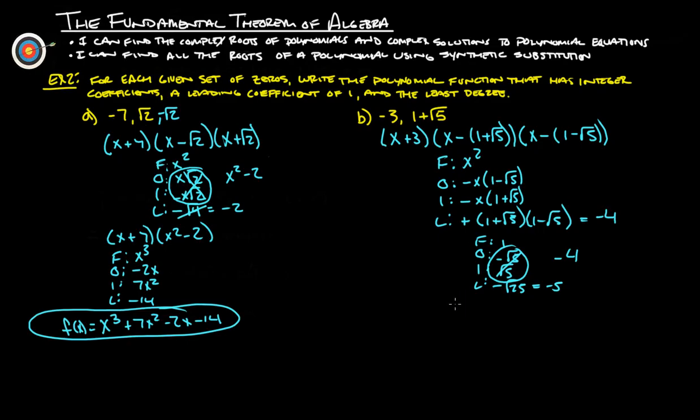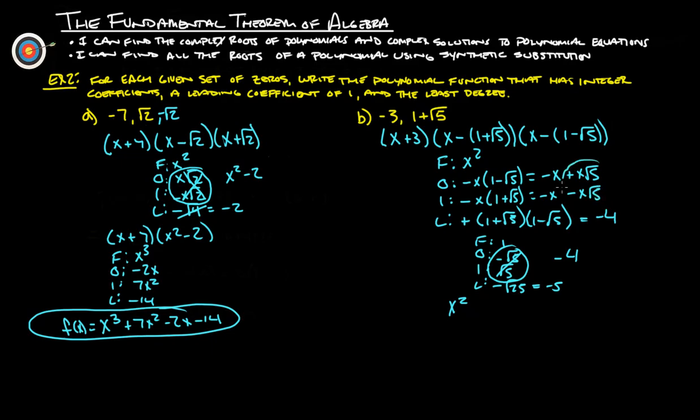So we're going to combine those all together. We've got x squared, and then we've got this here. Let's simplify these two. Negative x times 1 is negative x, and then negative x times negative root 5 is plus x root 5. And then in this one here, negative x times 1 is negative x, and then negative x times positive root 5 is negative x root 5.